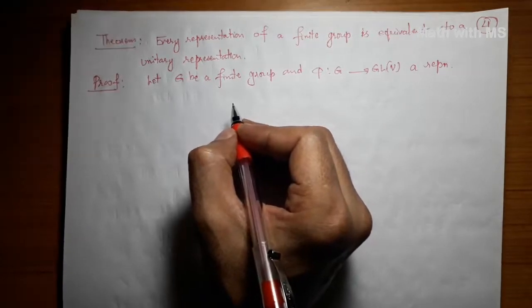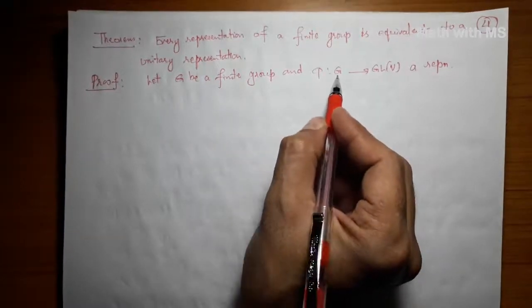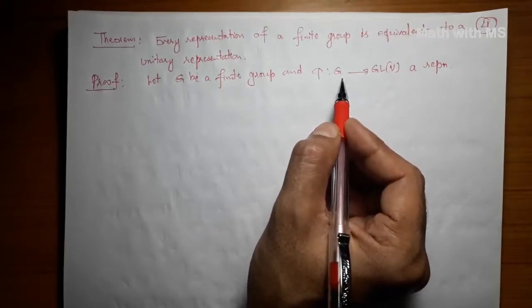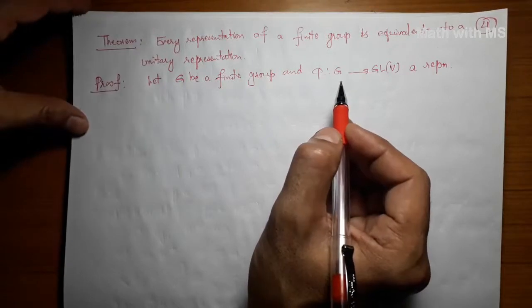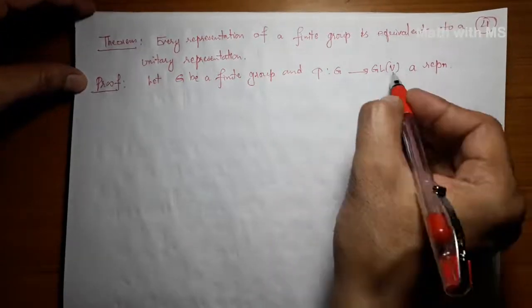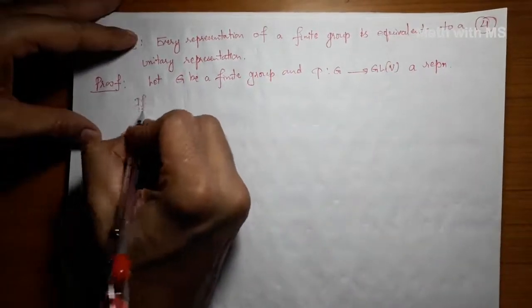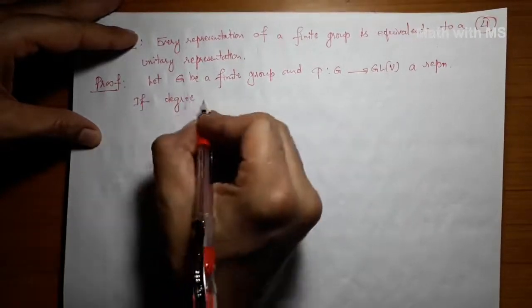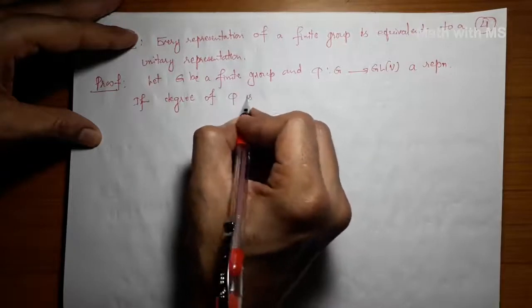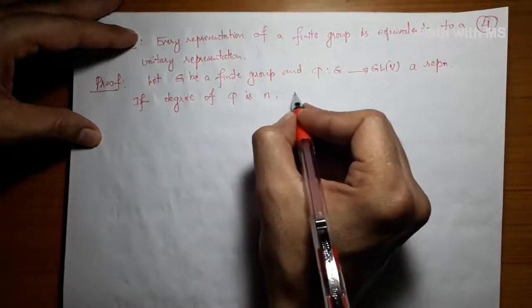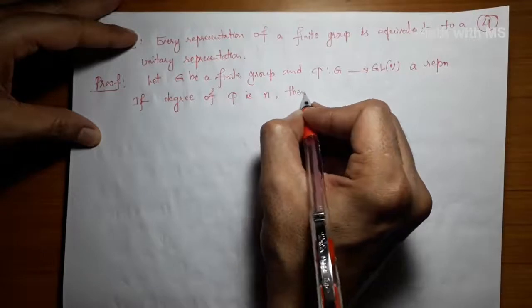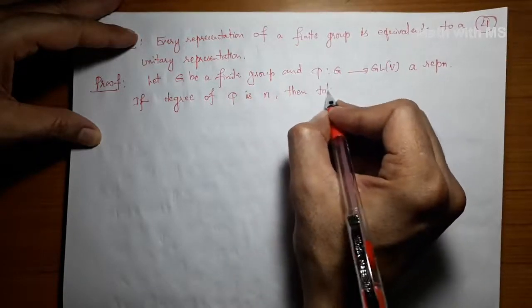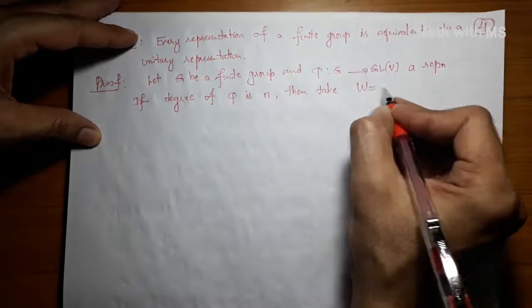So that means I need to find another representation psi from G into GL(W), where W has the inner product. So what is the canonical space available to you? It is just C^n, where n is the degree of this representation. So if the degree of phi is n, then take W to be C^n.